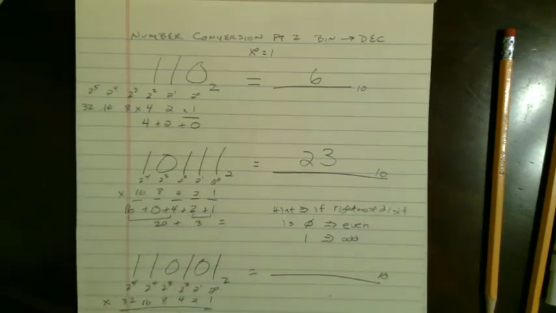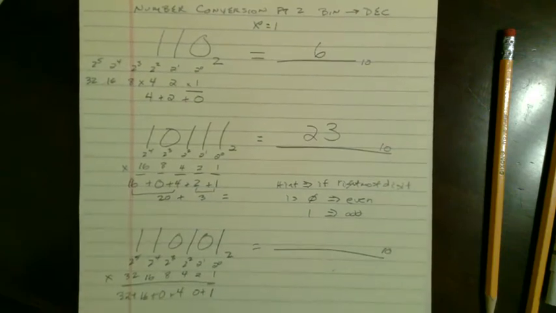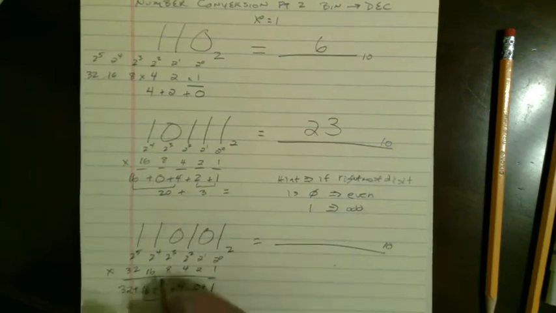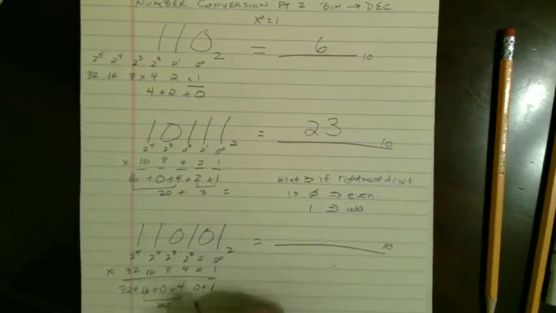1 times 1 is 1. 0 times 2 is 0. 1 times 4 is 4. 0 times 8 is 0. 1 times 16 is 16. 1 times 32 is 32. And let's group some of our numbers just to make the math a little bit easier. 16 plus 4 is 20.